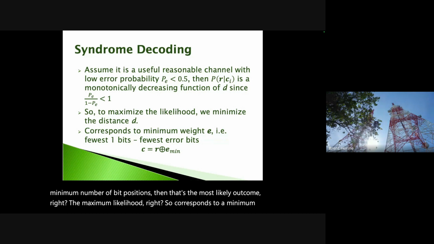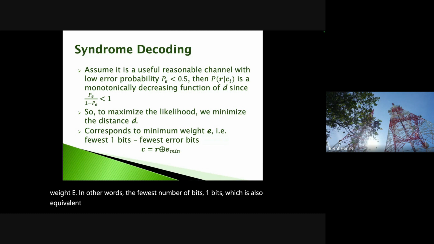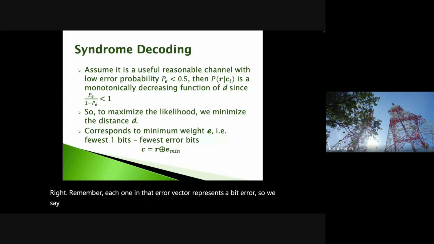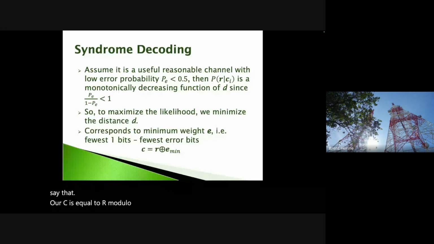So it corresponds to a minimum weight E. In other words, the fewest number of 1 bits, which is equivalent to the fewest number of error bits. It's not a minus sign, that's just a dash. Remember, each one in that error vector represents a bit error. So we say that our C is equal to R modulo 2 our minimum error vector.